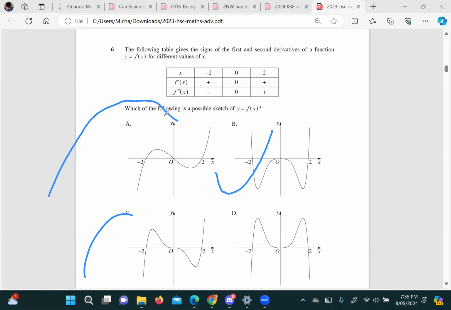If it's positive and negative, at some point it's going to have to be 0. That's called a point of inflection. It's when it changes from negative second derivative to positive. When it's like this, it's called a horizontal point of inflection.